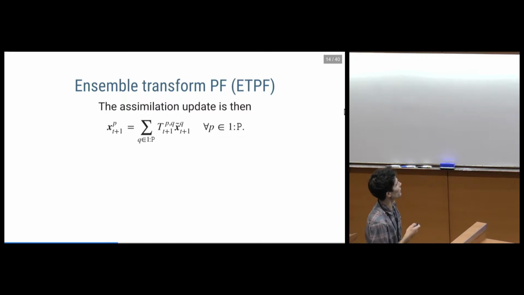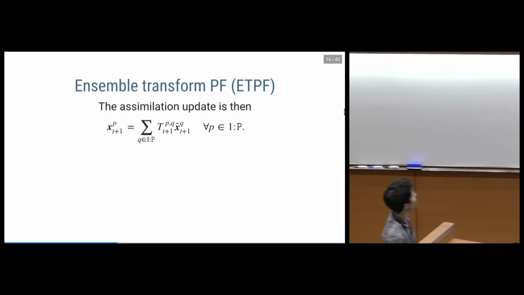But these transport maps have the property that as p tends to infinity, they become increasingly sparse and have only 0, 1 entries. So there is some underlying deterministic map, effectively, between the two empirical distributions as the ensemble size grows.